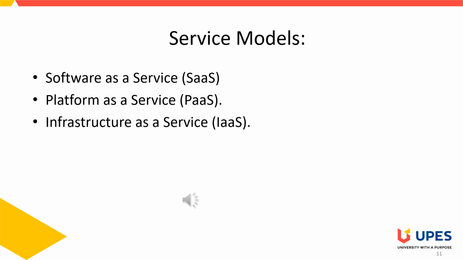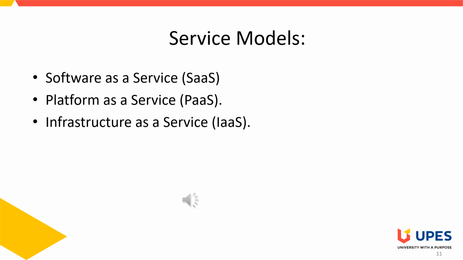The consumer does not manage or control the underlying cloud infrastructure, including network, servers, operating systems, storage, or even individual application capabilities, with the possible exception of limited user-specific application configuration settings.